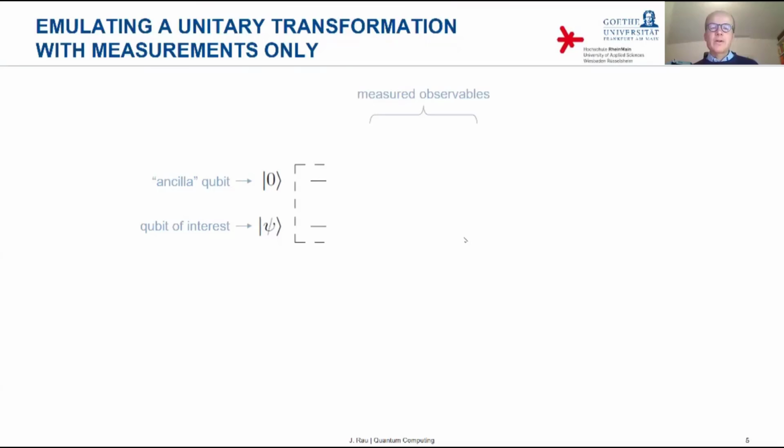Now, in fact, this little circuit will involve two measurements in a row, in sequence. The first measurement is not a single qubit measurement in the standard basis.